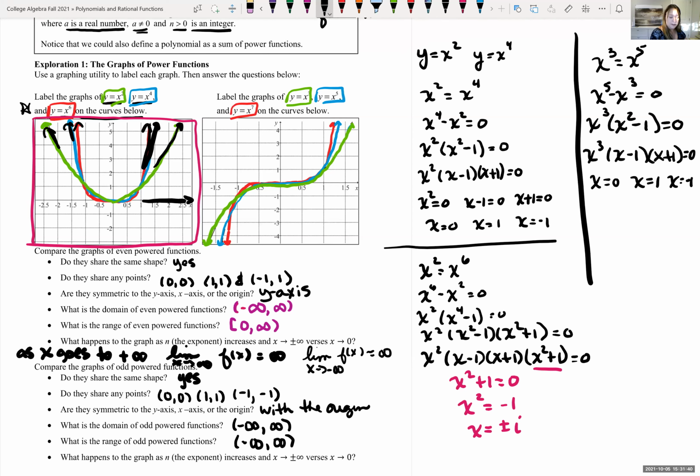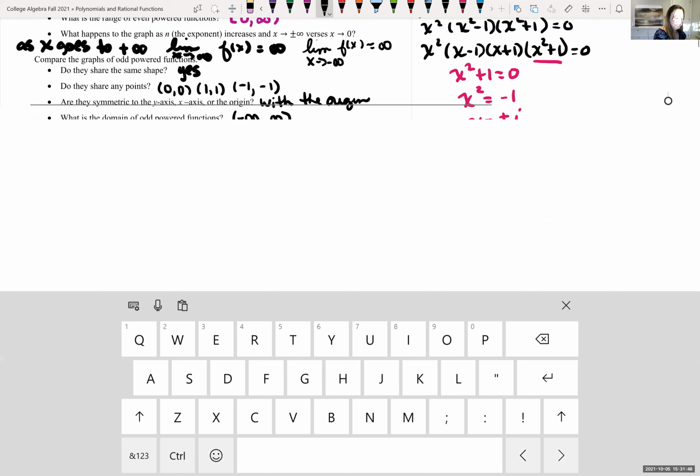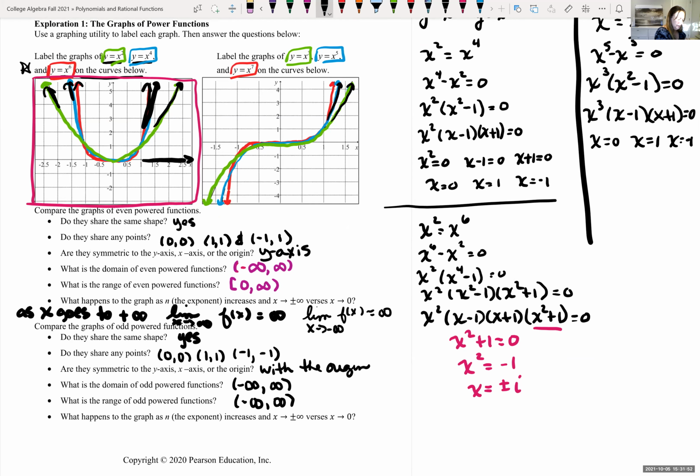But if we're talking about our odd function, as we're going off to positive infinity, notice our graph also is shooting off to positive infinity. So a way to write this again, limit as x goes off to positive infinity of our function f of x, this is going to go to positive infinity.